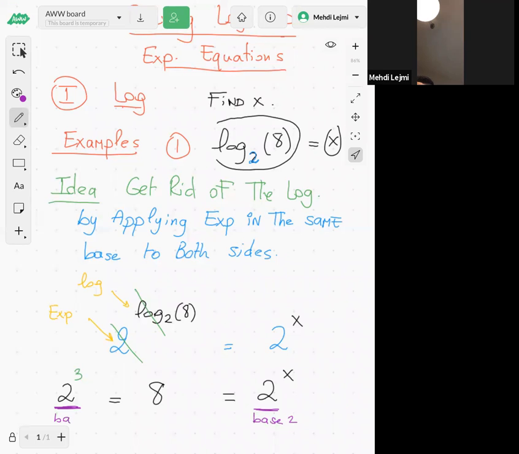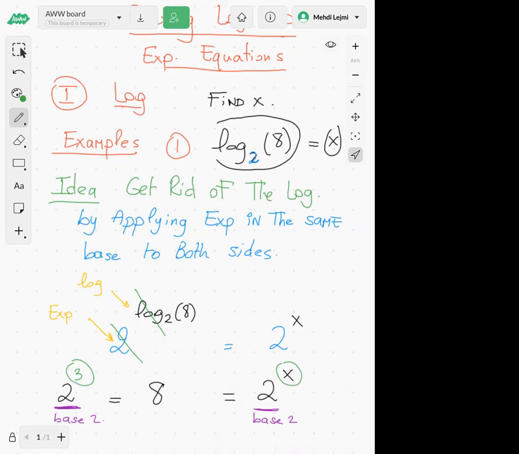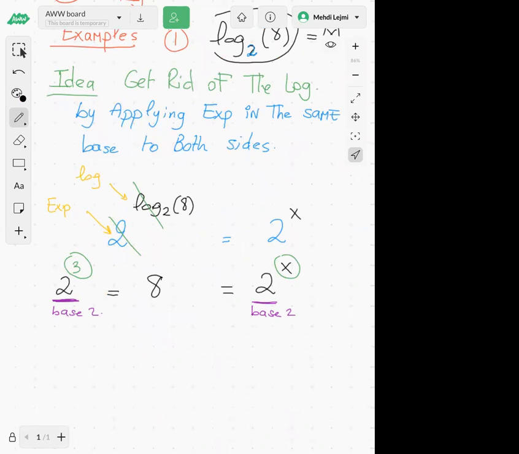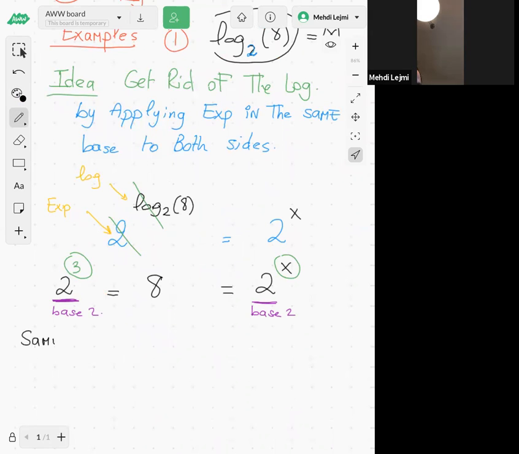If you have the same base, then the powers are going to be equal. So x is going to be equal to 3, and that will be the solution.